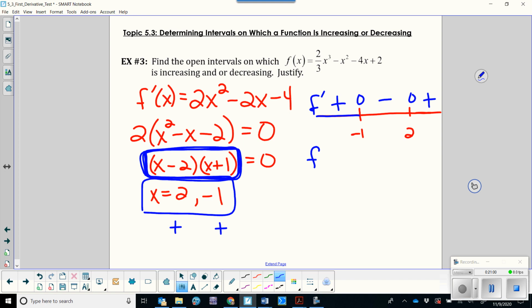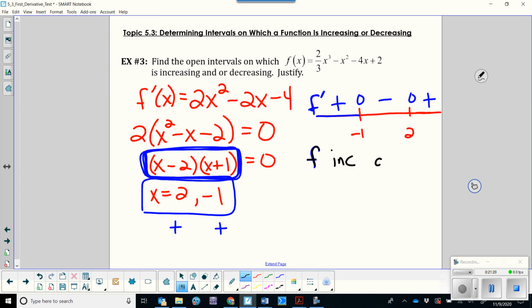So now, as a little connector here, I'm going to write down, so what does that tell me about f? This information was f prime. So what do I know now about f? Well, since the first derivative is positive on that interval, my function is increasing.